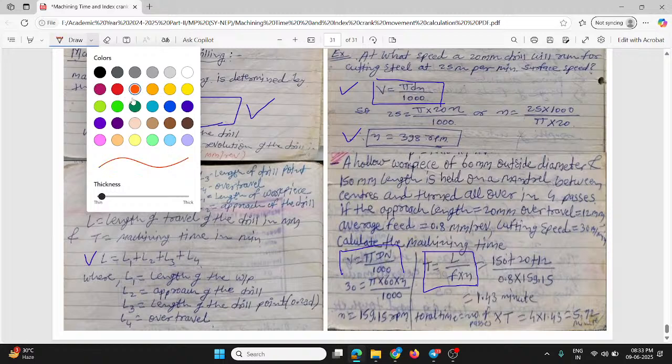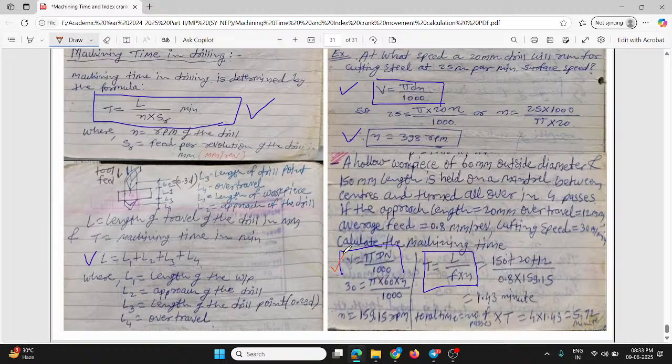Once V is known and N is calculated, substitute the total length of tool travel, which is the total length of the workpiece plus approach length plus over travel, divided by F into N.